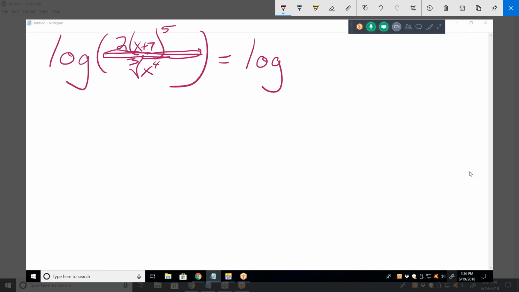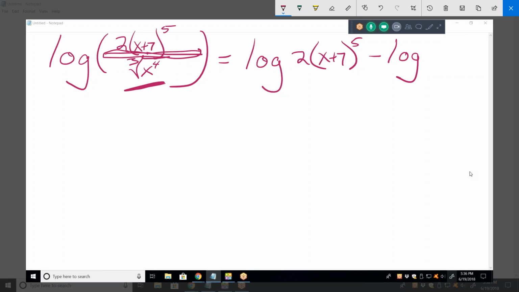That'd be log of 2 times (x plus 7) to the 5th, minus log of the cube root of x to the 4th. Let's write that better. Radical signs aren't terribly useful in logarithmic expressions.